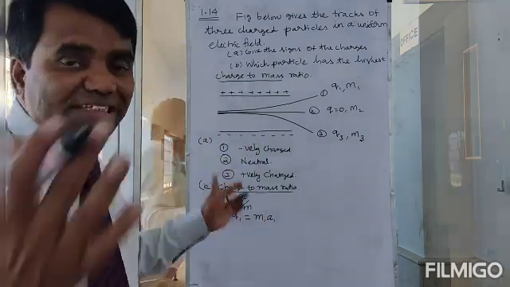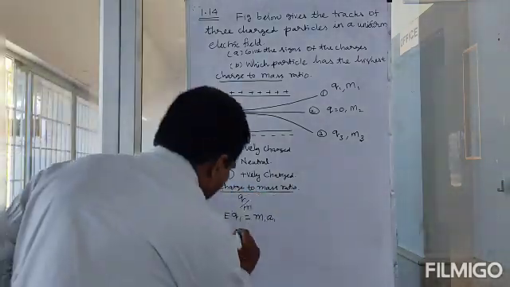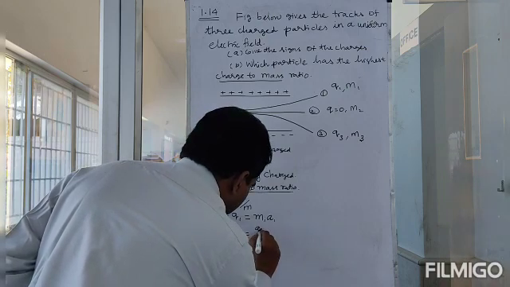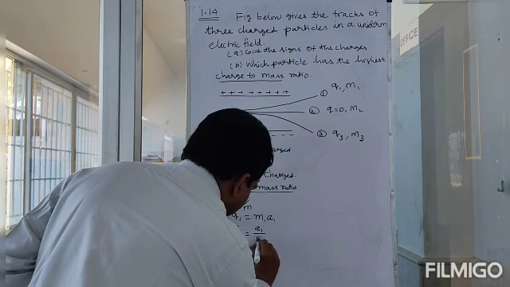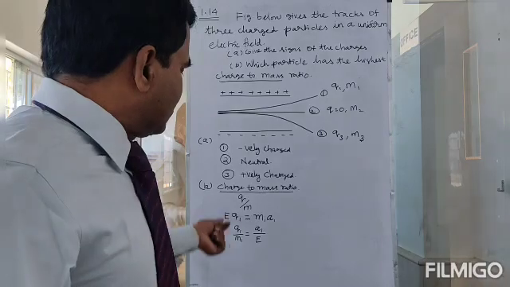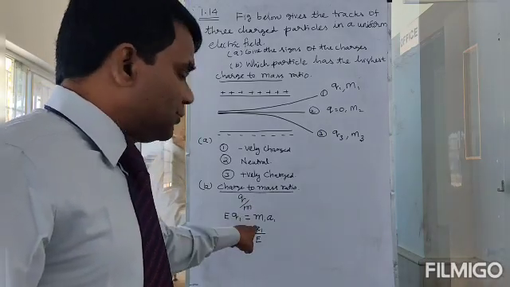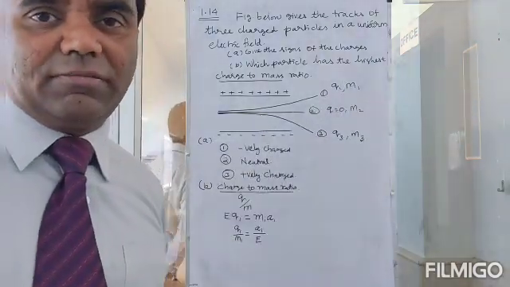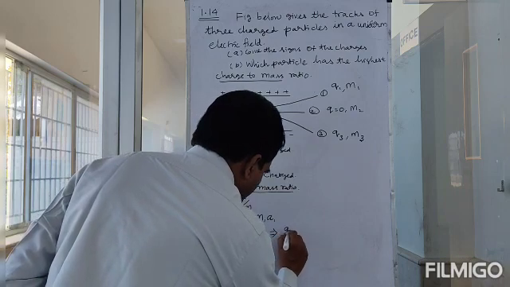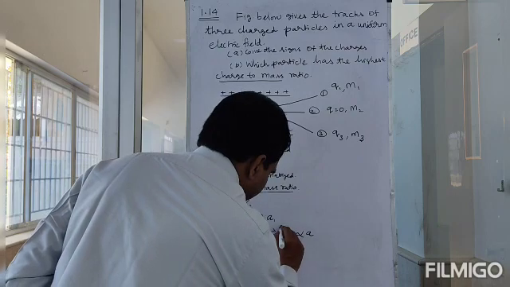So what do we need here? We need the charge to mass ratio. So Q1 by M1 will give you A1 by E. So E is constant. So you can say from this that the charge to mass ratio is proportional to the acceleration that you get. So this gives you this expression. So Q by M must be proportional to acceleration.